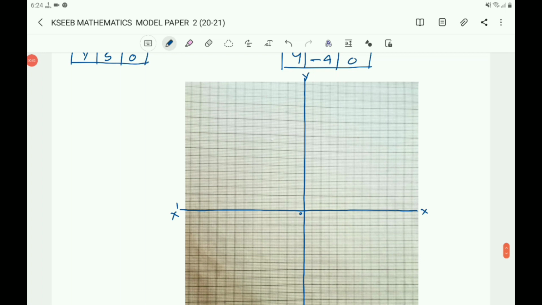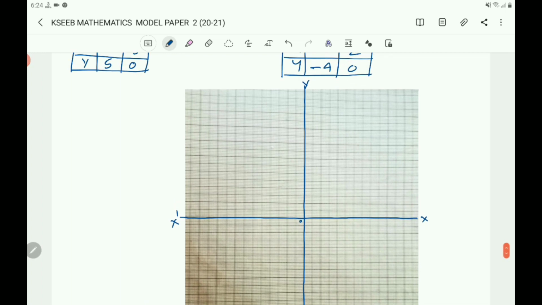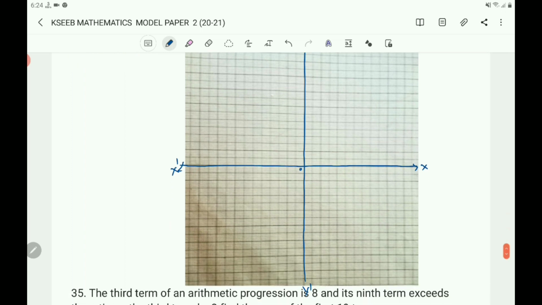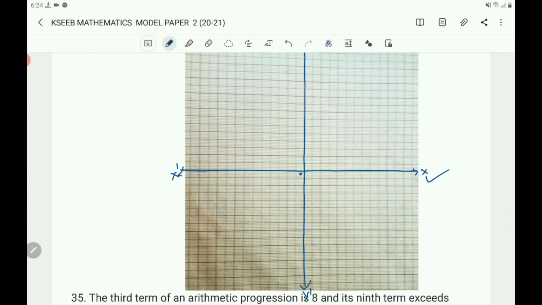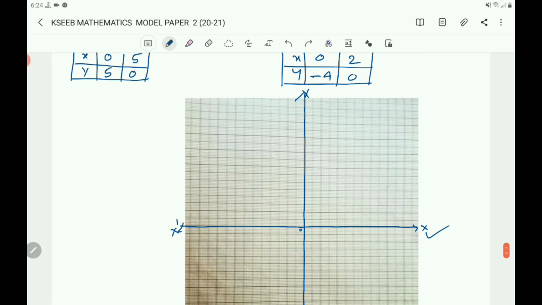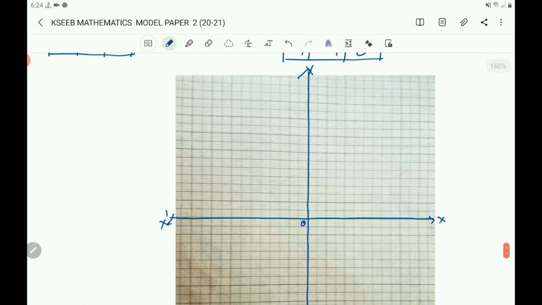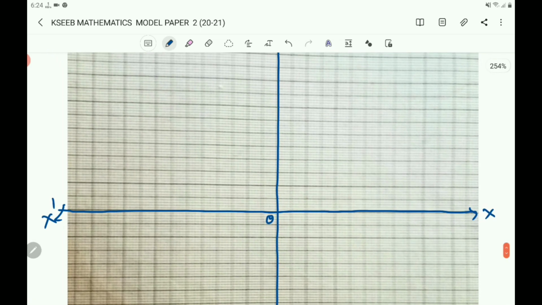Now you come to the graph and draw the x-axis and y-axis. These are the two perpendicular axes, x-axis and y-axis. Now write the origin and mark the point. You take 1, 2, 3, 4, 5, 6, 7, 8, 9, 10, 11, 12, 13.